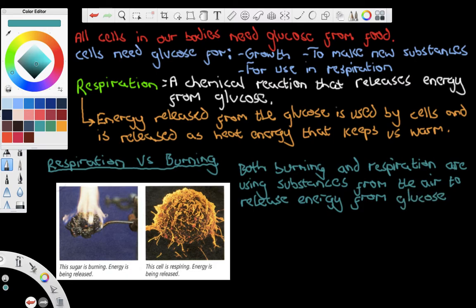So this is sugar, it contains glucose and it's releasing energy from them. At the same time, they both produce carbon dioxide. So they both produce carbon dioxide.